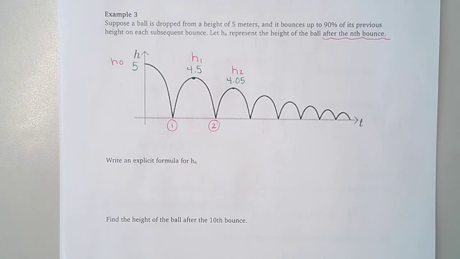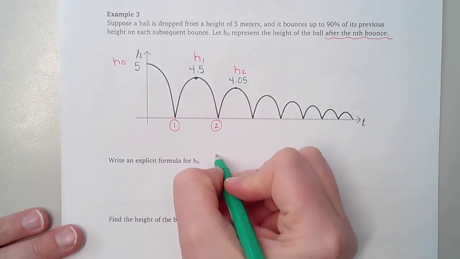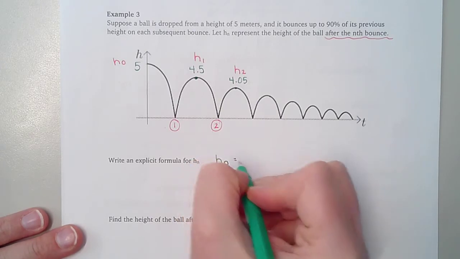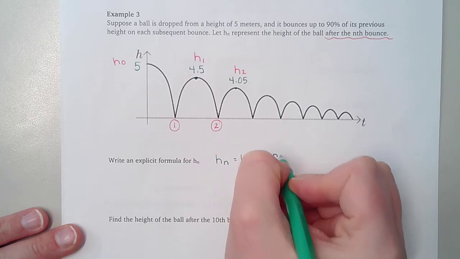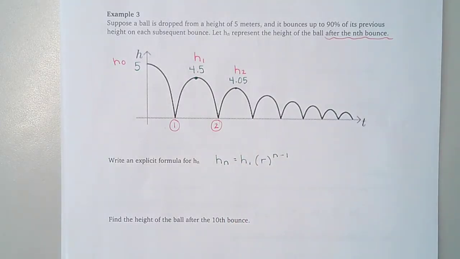Here's where this is going to mess us up a little bit. When we go to write our explicit formula, if you are the type of person who is committed to memorizing a formula and using it the same way every time, our formula should look like this: h sub n equals h1 times r to the power of n minus 1. That's the formula that you learned on the previous page.